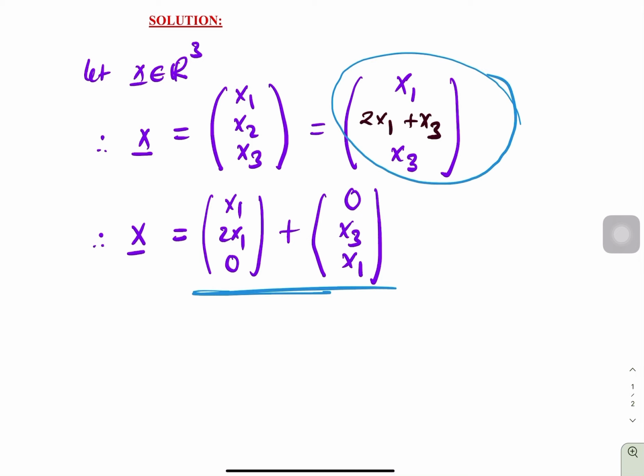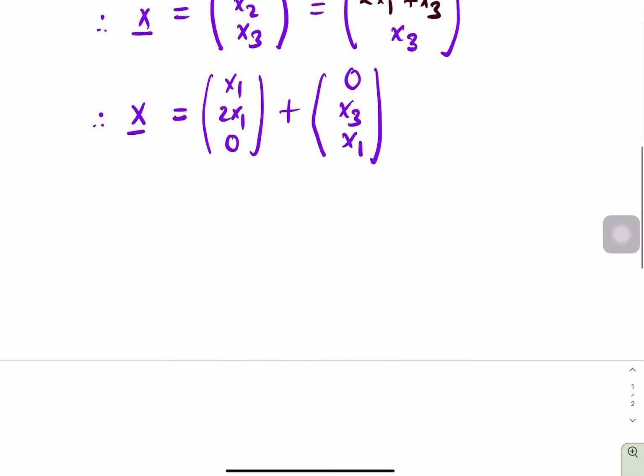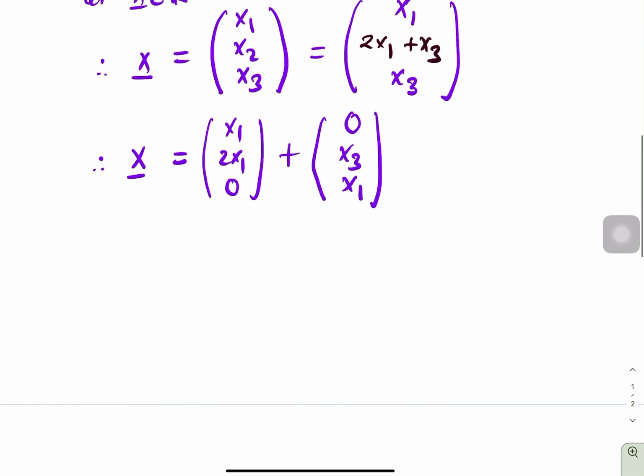So I hope you are also comfortable with that algebra. I can take out my x1 because this really seems like a scalar multiplication of column vectors. So that is going to be x1 times the column 1, 2, 0, and then a plus.